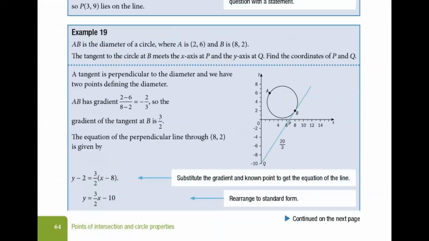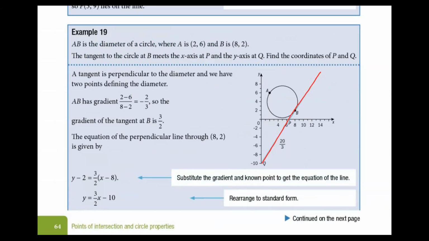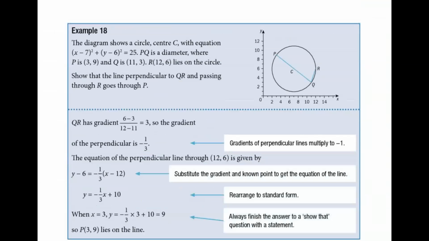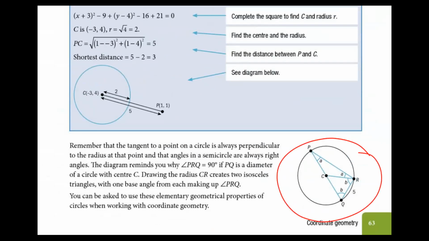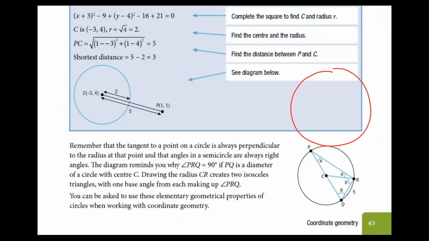Property number 1, which you're already familiar with: the tangent and the radius always make 90 degrees. Sometimes this property will help us get the answer. One more property is there, and it is a very famous and important property of a circle. Whenever we have 3 points lying on a circle, the angle in a semicircle is always a right angle.